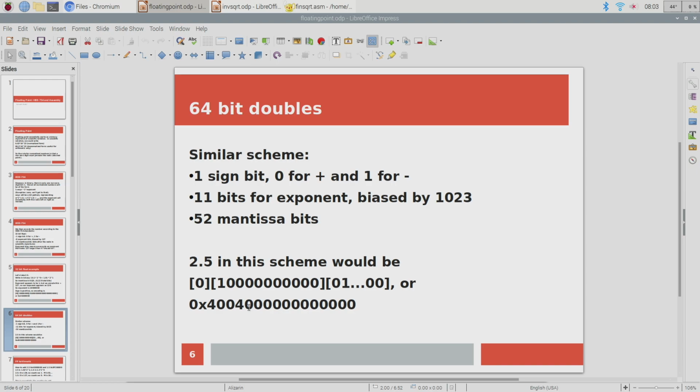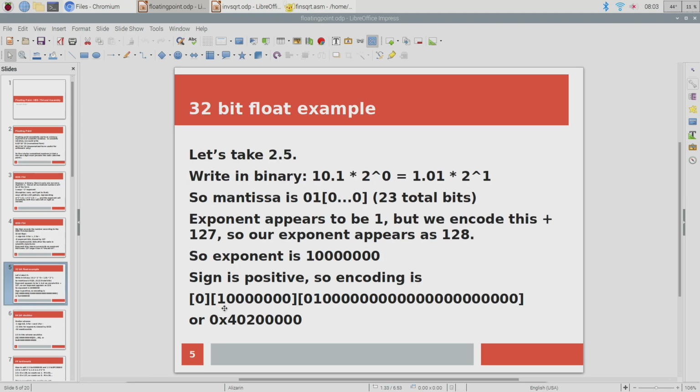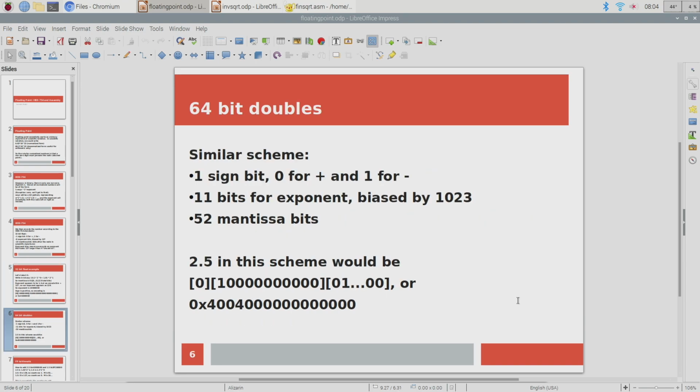Notice the pattern here for 2.5 in 32-bit encoding: 0, 1 followed by a bunch of zeros, and then the mantissa 0, 1 followed by a bunch of zeros. That's actually the same in 64 bits, it just takes more bits to do it.